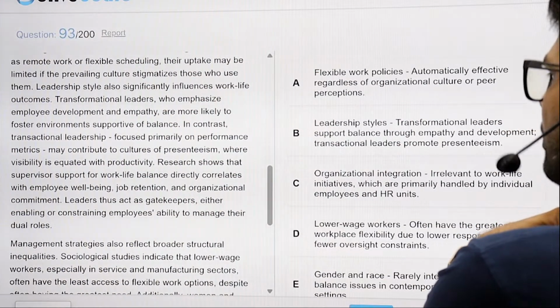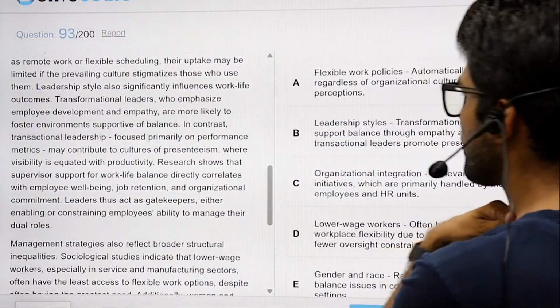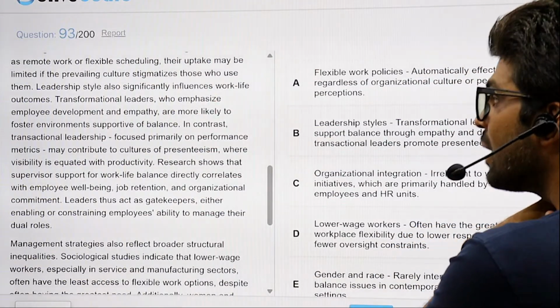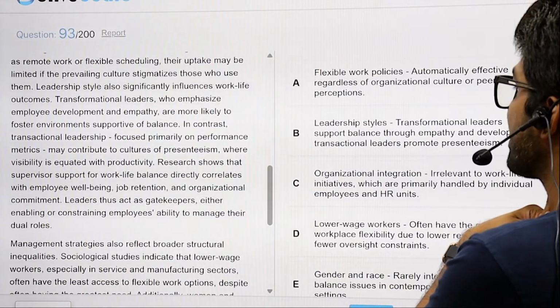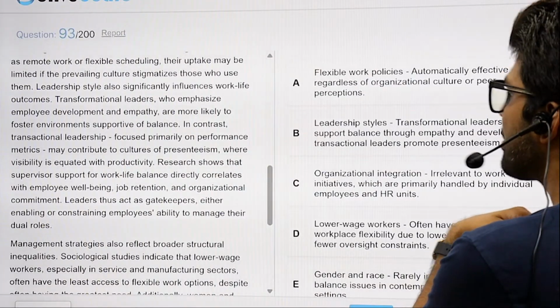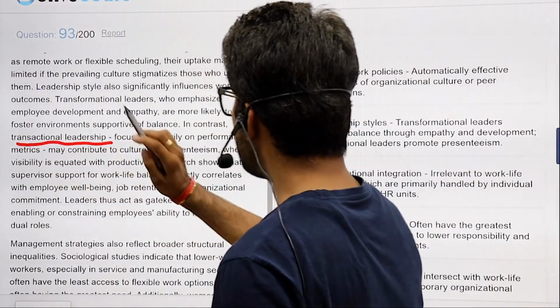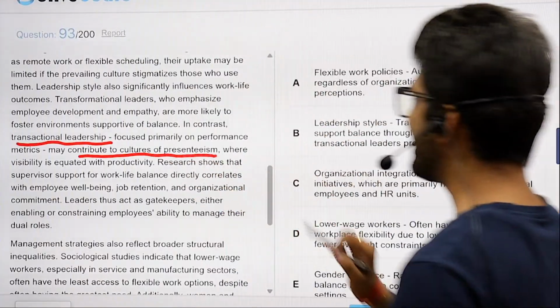Transformational leaders who emphasize employee development and empathy are more likely to foster environments supportive of balance. Transactional leadership focused primarily on performance metrics may contribute to presenteeism. Let me check this line. Seems easy. Transactional leadership, focusing on performance metrics, contributes to presenteeism.